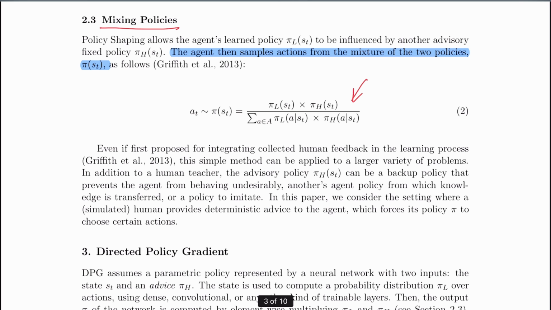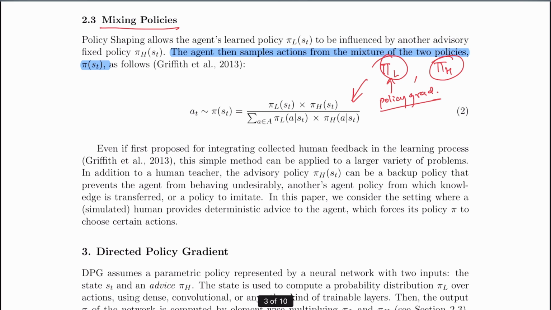Now the solution is a pretty straightforward solution. We can discuss it in a minute maybe. Let's say that pi L is the policy obtained using some policy gradient method. You get this pi L using that method. And let's say pi H is a policy given by the human.